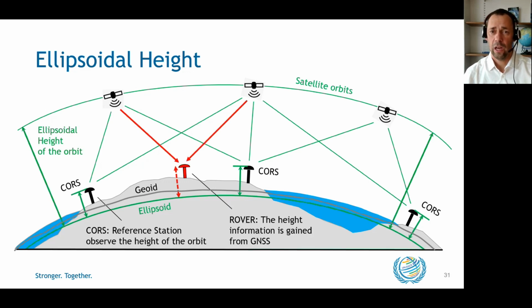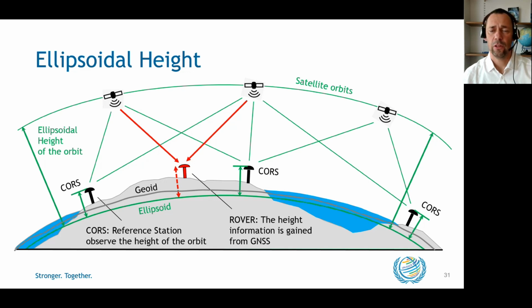With the satellite heights known, we can easily, with a common GNSS receiver, use the broadcast satellite signals and estimate the ellipsoidal height at any place on the Earth. This geometric method seems to be for the user much easier than the laborious leveling.